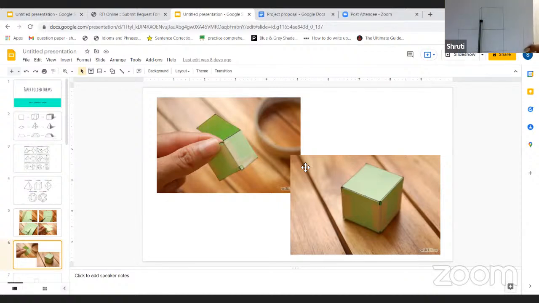Okay, so this is how you make a flap. Please make sure you have clear notches.